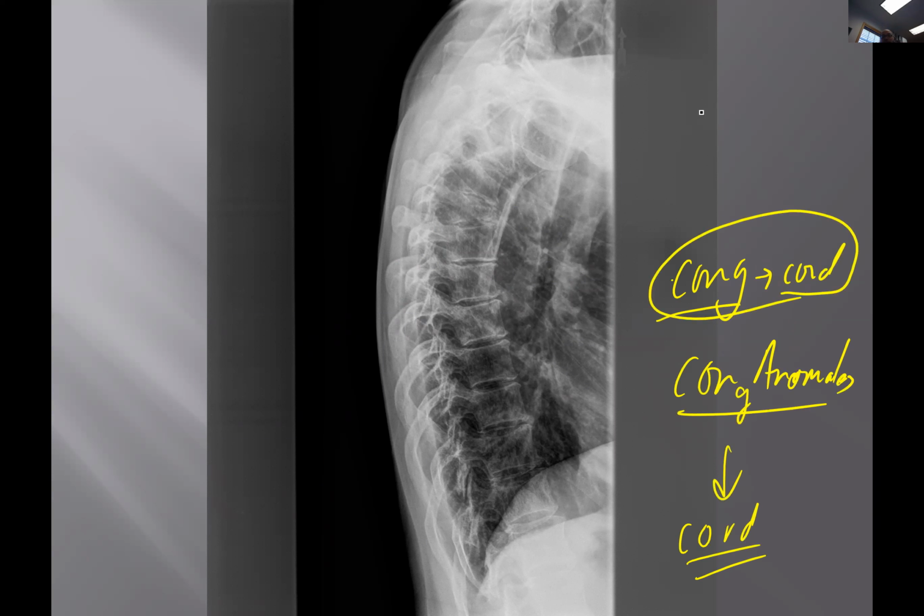If you have a congenital anomaly, it's not nasty in the sense that it's unstable or you can't adjust it, but if you have congenital anomalies of the bone, you can have congenital anomalies of the cord. So you could have maybe Arnold-Chiari or a tethered cord syndrome, or probably not a diastematomyelia, but you can have things like that.